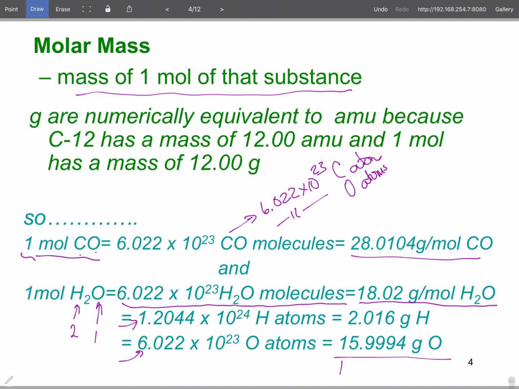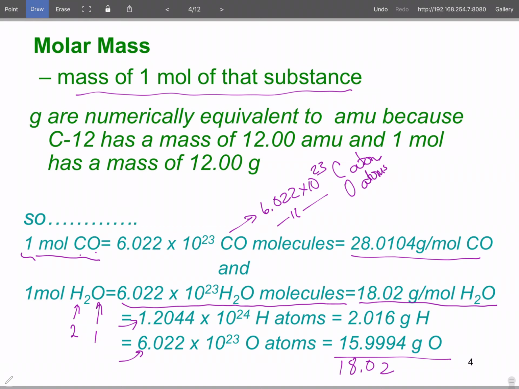When we add it together, we'll get the 18.02, and that's using the significant figures. But that's how you get your masses, and you've got to look at it in combination of how many atoms of each element you have.